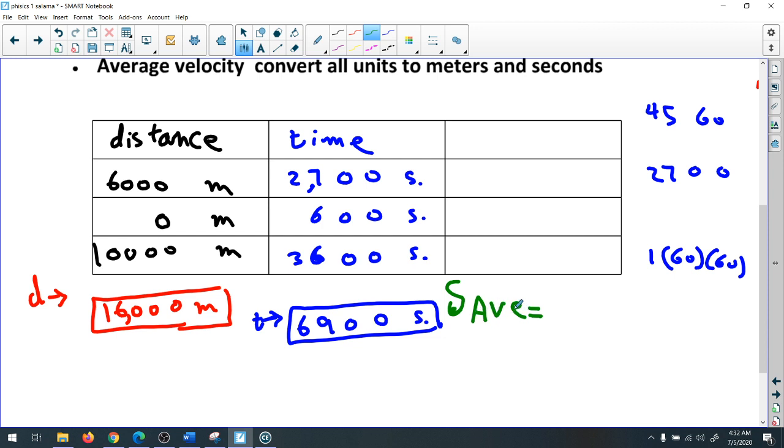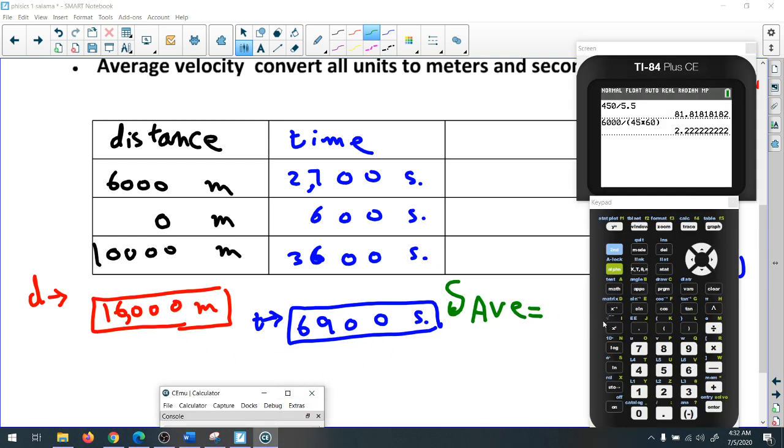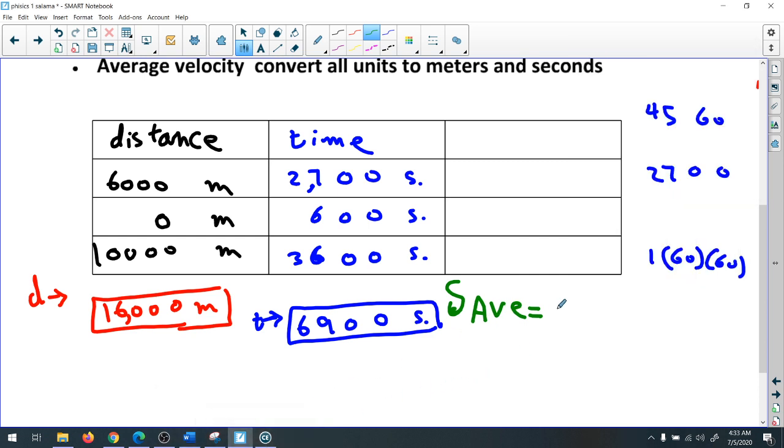Average speed equals total distance, 16,000, divided by 6,900. Enter. It gives us 2.3 meters per second. That's the average speed.